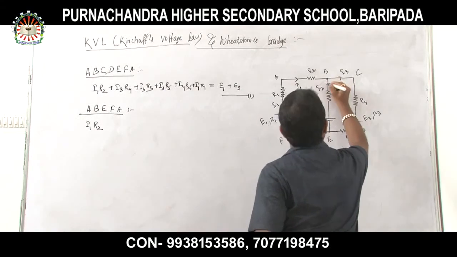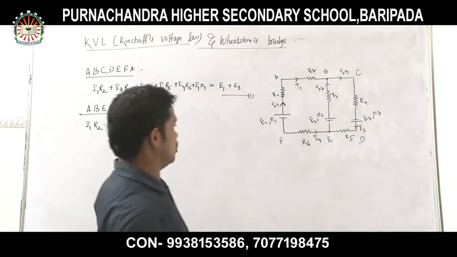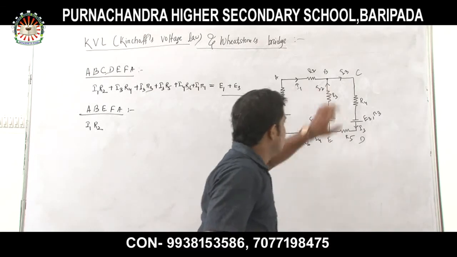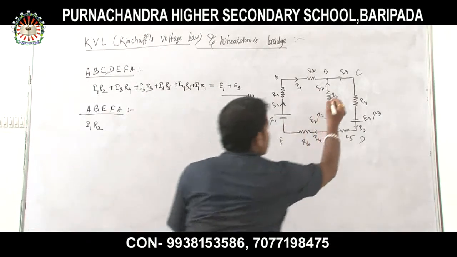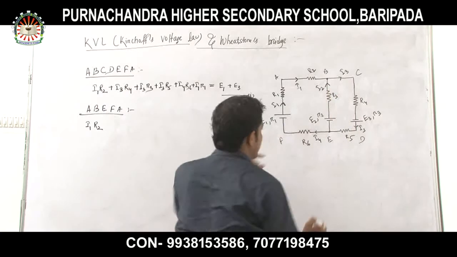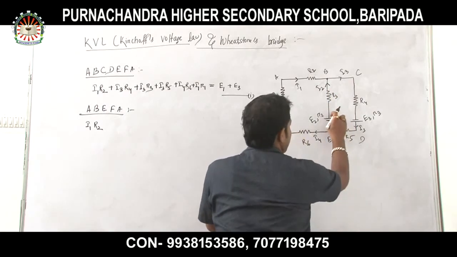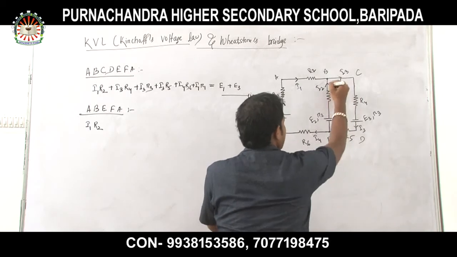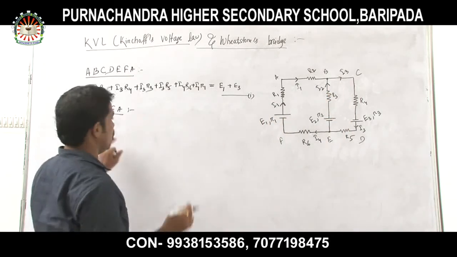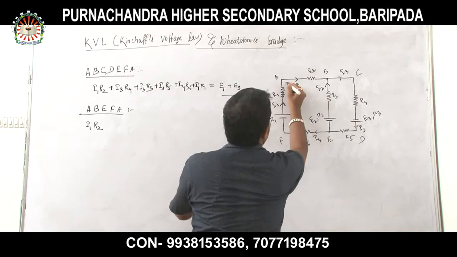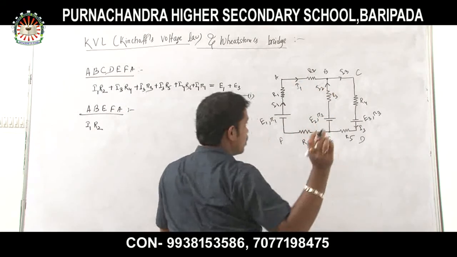Okay, let us change here because this is positive here. So let us change the direction, because this is positive and this is negative. So that's why the current is produced from here. Okay. Look at it. We are moving this side. Look very carefully.